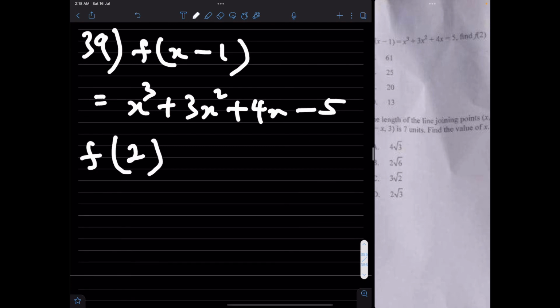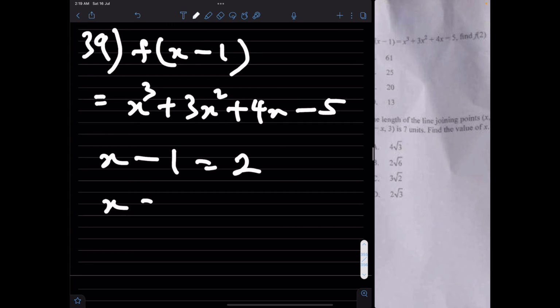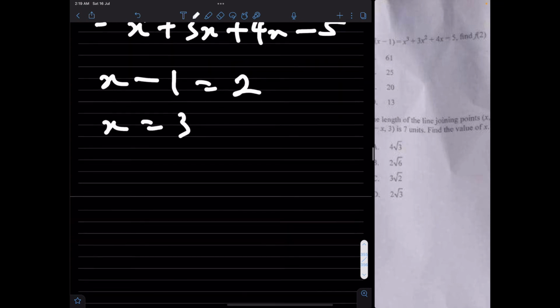Okay, to find f of 2, what do we do? That means x minus 1 equals 2, and x will be equal to 3.